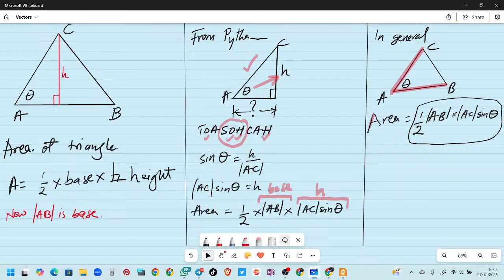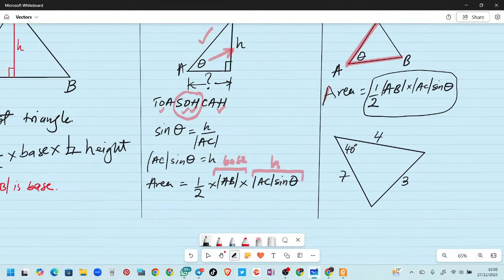So if I give you a triangle like this, and I give you 40 degrees, I give you 3 units, I give you 4. I'm just giving random numbers. What will be the area of the triangle? In such a triangle, what will be the area?